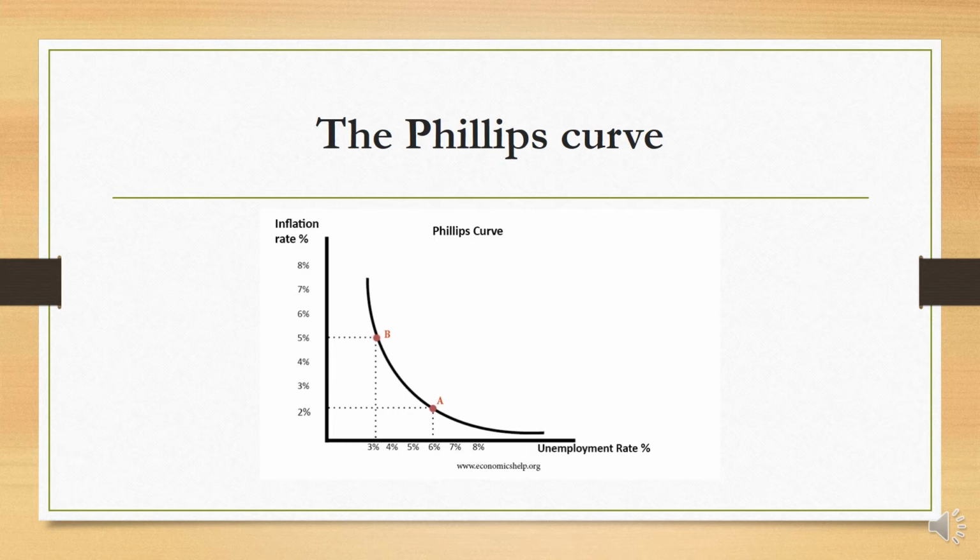As inflation increases from 2 to 5% at point B, the unemployment rate decreases. This shows the inverse or negative relationship between unemployment and inflation, or the trade-off between inflation and unemployment.